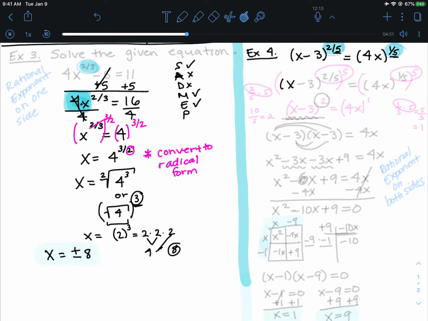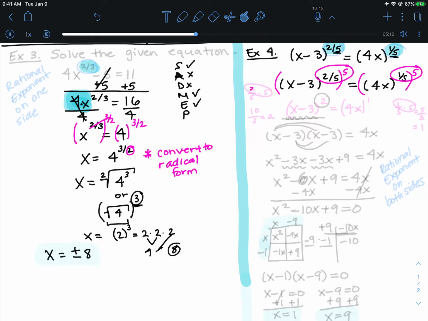So I'm just going to rewrite it here again. And now I'm going to multiply by the denominator on both sides, which is 5. So now these two have to get multiplied together.